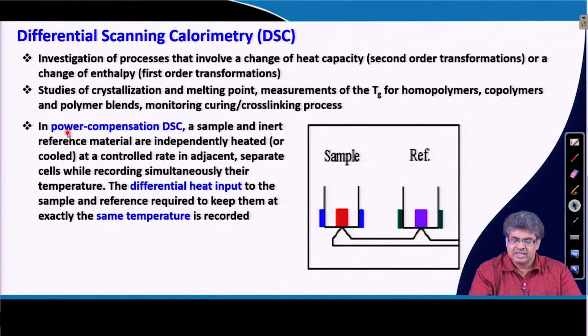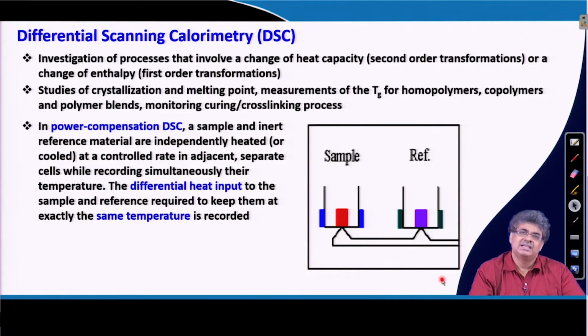In power compensation DSC, the sample and reference material are heated while maintaining the same temperature, and the differential heat input required to maintain this same temperature between sample and reference is plotted as a function of temperature.